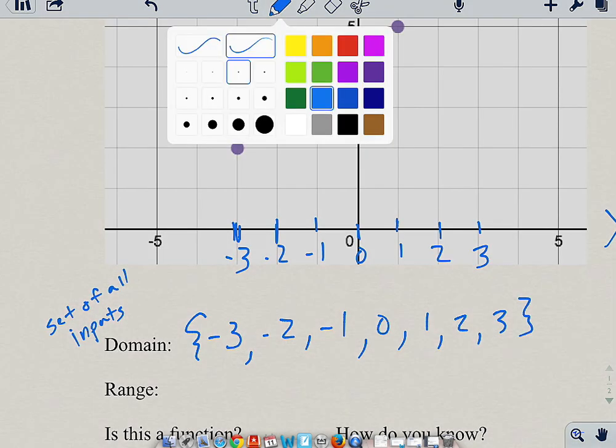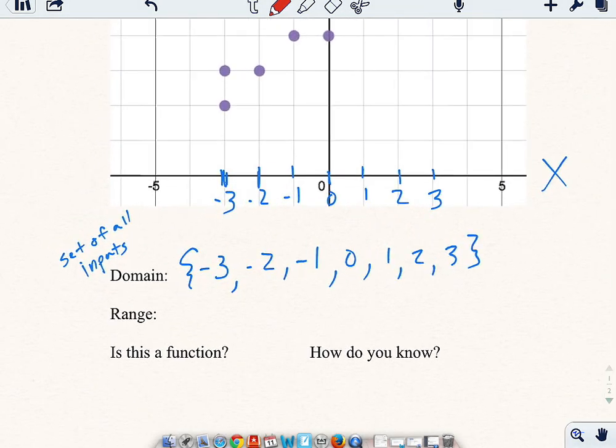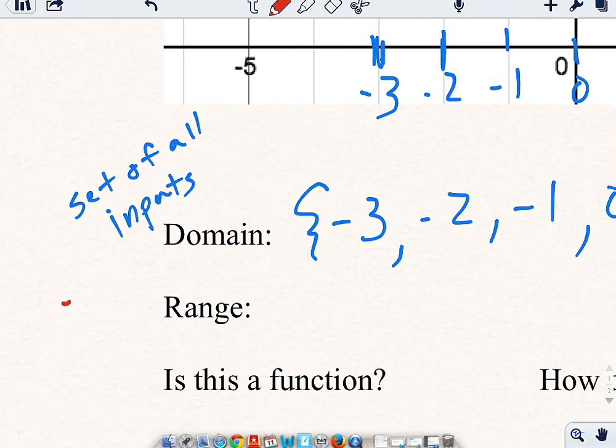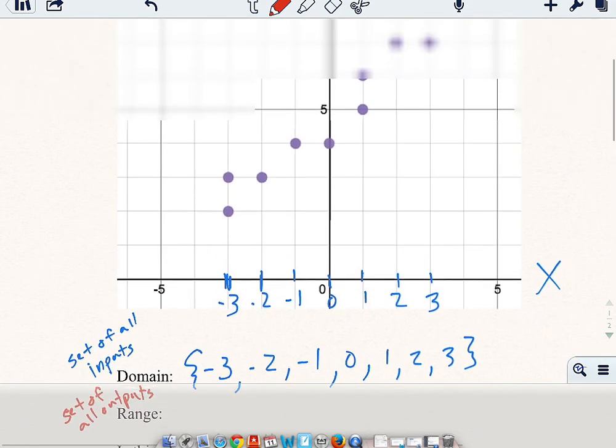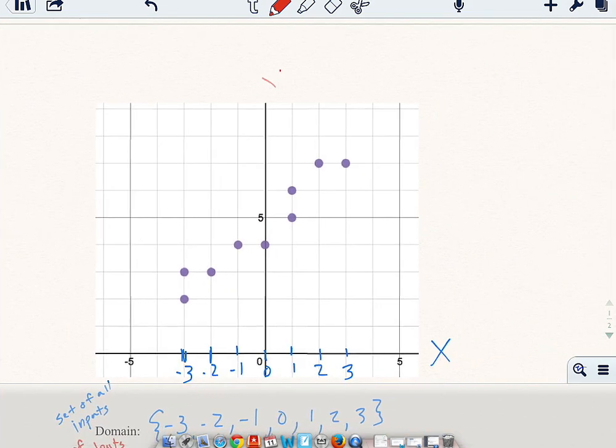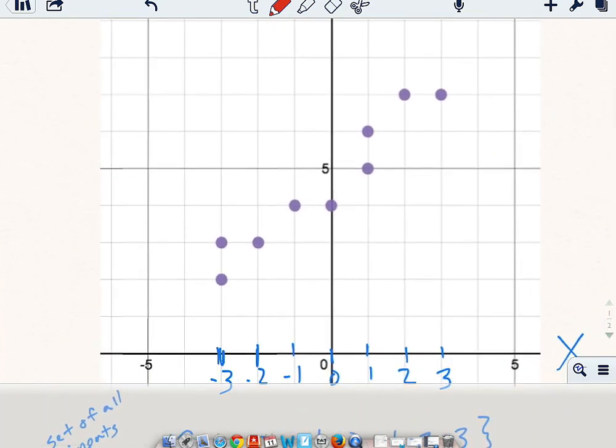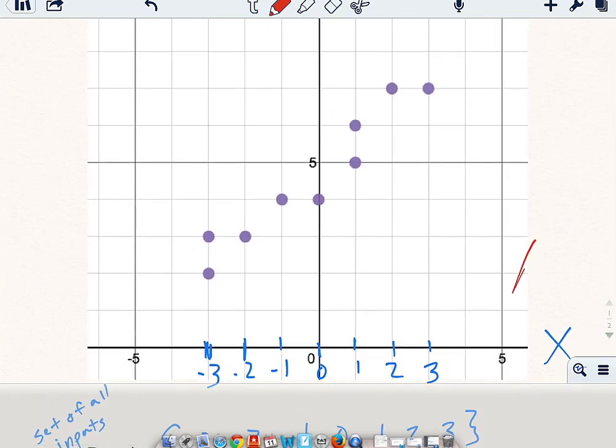So the range, which I'll do in red here, is the set of all outputs. Outputs are y values, and so I need to make a list of all the y values that are relevant, and I'm going to do that over here on the right. I'm going to find all the places where a point is plotted.